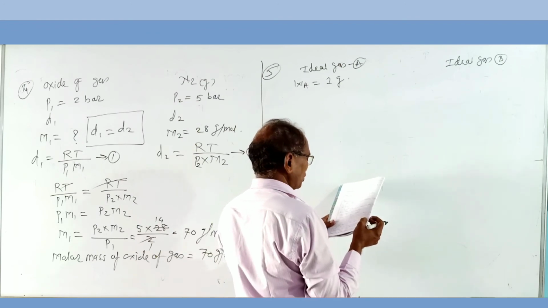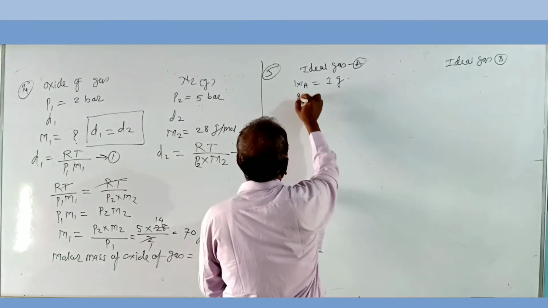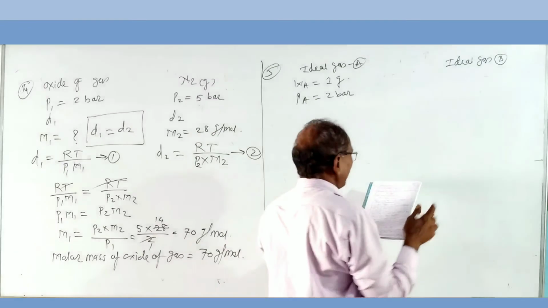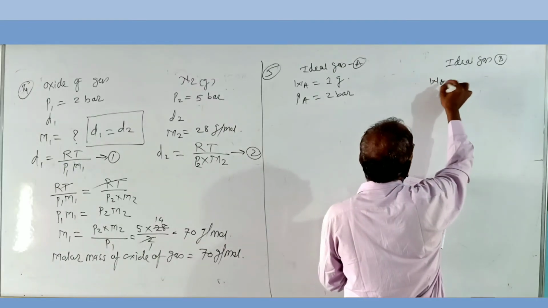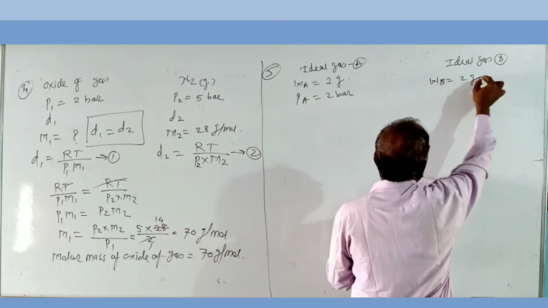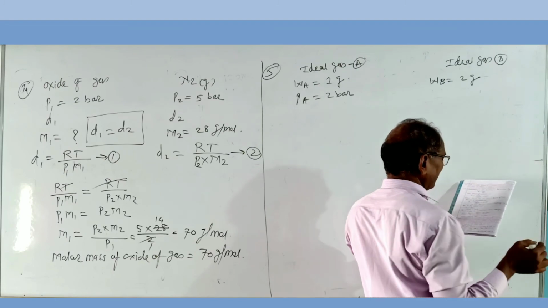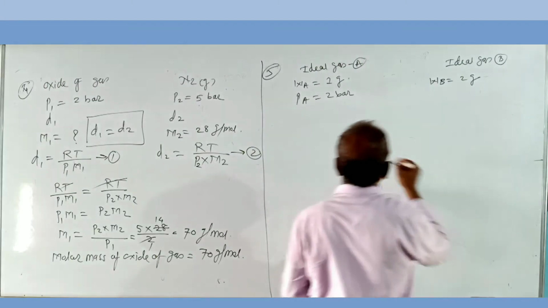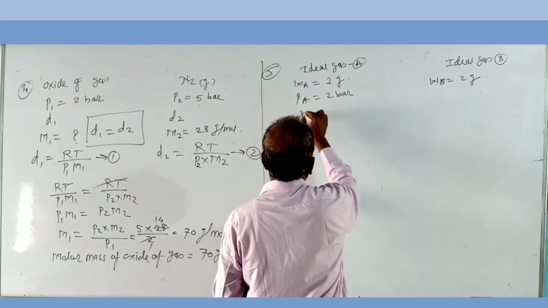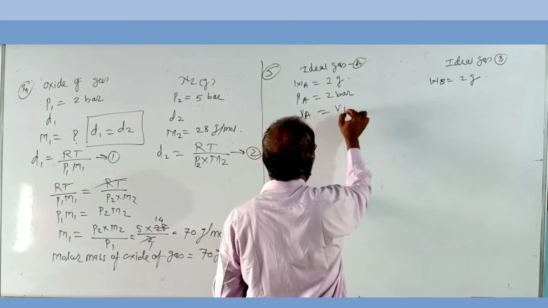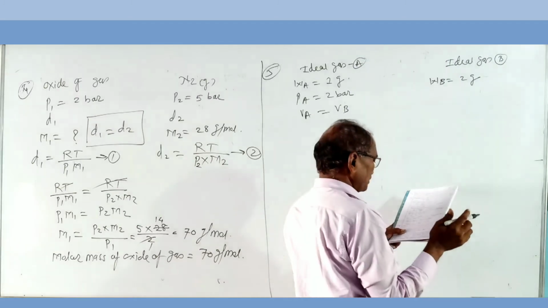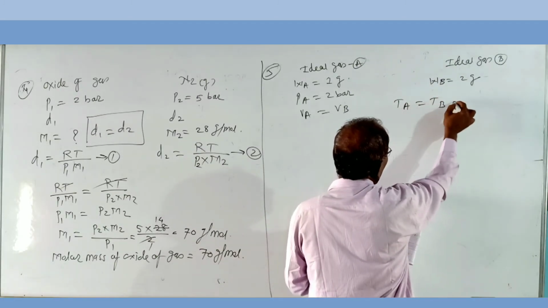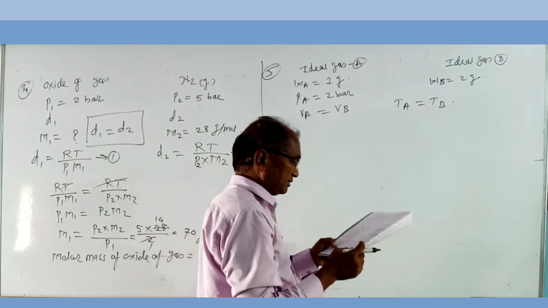That is found to be 2 bar. That is PA is equal to 2 bar. Then 2 gram, WB is equal to 2 gram, and introduced in the same flask. That is VA is equal to VB. Same temperature, TA is equal to TB.